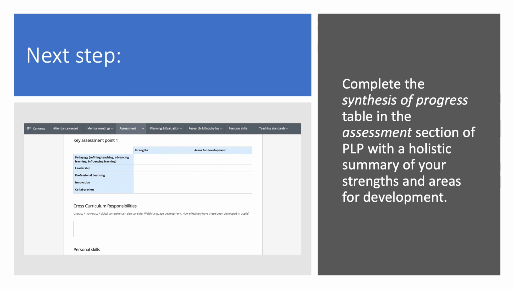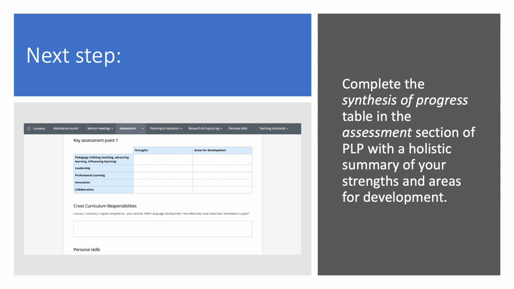Now, if you continue your teaching career in Wales, this is going to become something that you use during your NQT year as well, because this table in its final form will follow you into your teaching career. So you need to get used to it. You don't have to write about every single standard when you're synthesizing your progress in this table. You've already isolated every standard individually when you were self-assessing and colour coding.